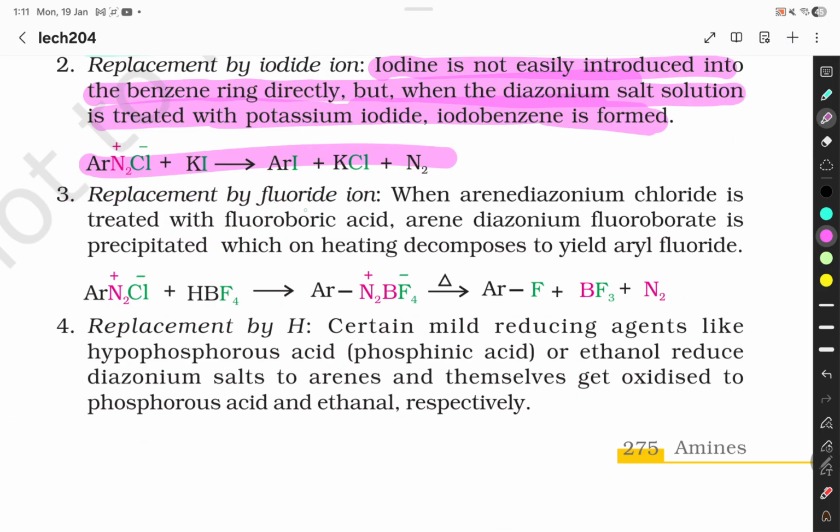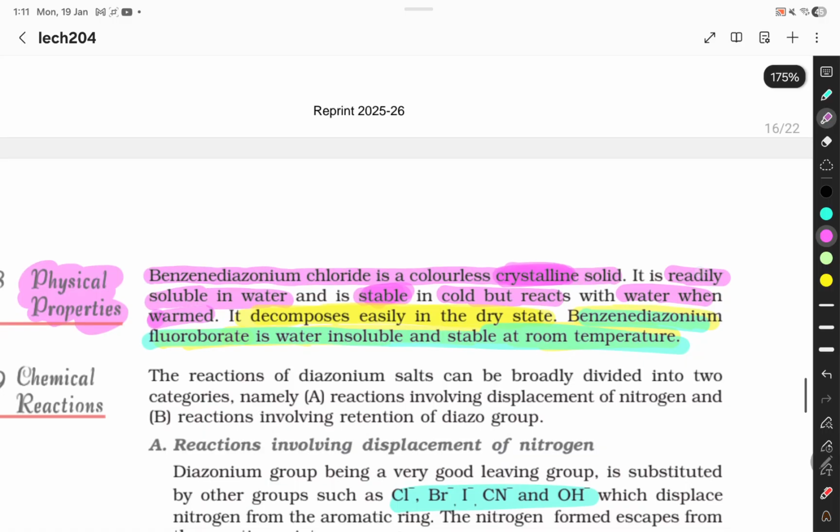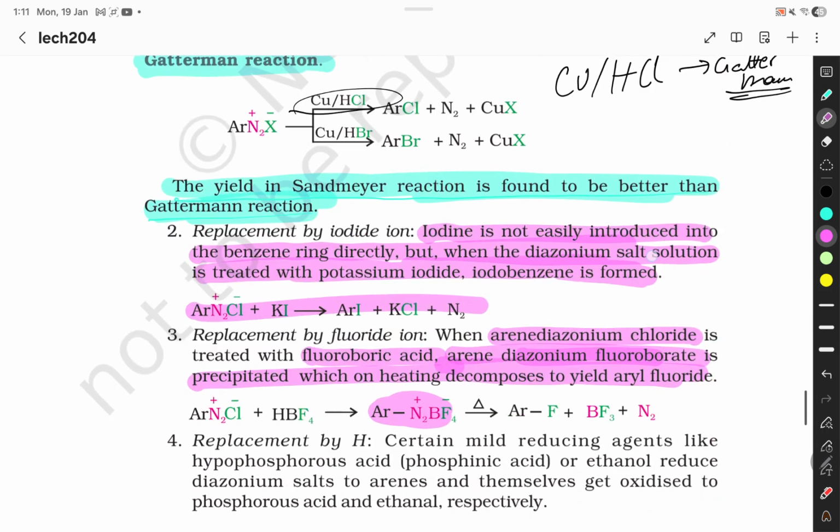Now, replacement by fluoride ion, fluoroboric acid. Arene diazonium chloride is treated with fluoroboric acid, and arene diazonium fluoroborate is precipitated. Basically, it is stable at room temperature and water insoluble.